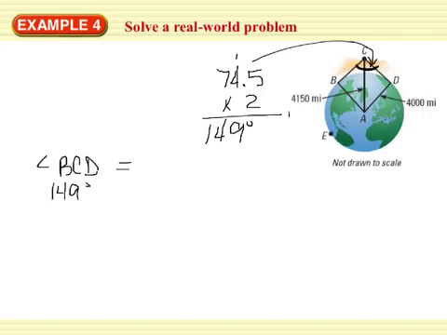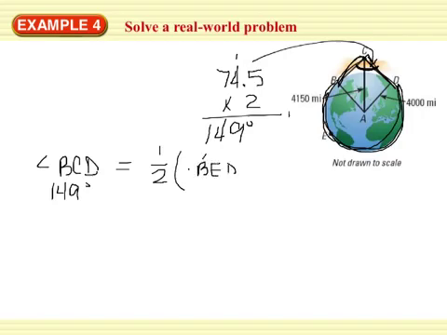Now we just learned a theorem that said angle BCD is 1/2 the measure of arc BED minus the measure of arc BD.